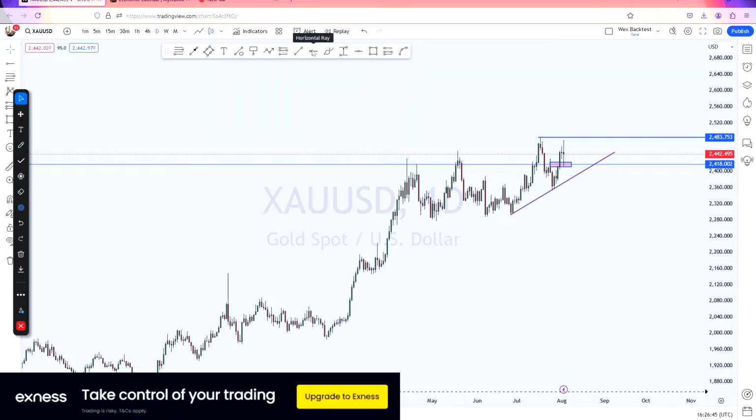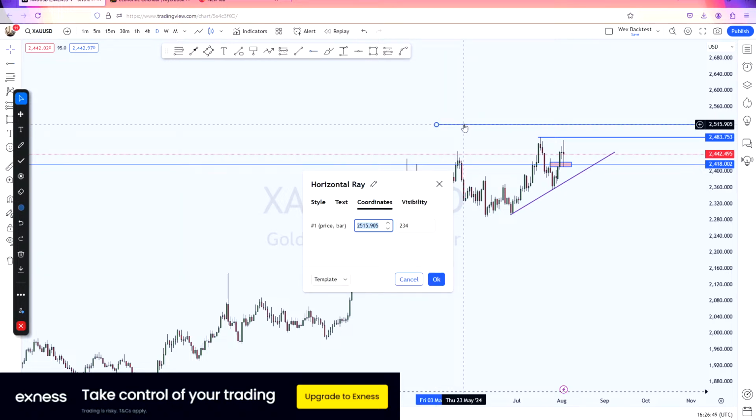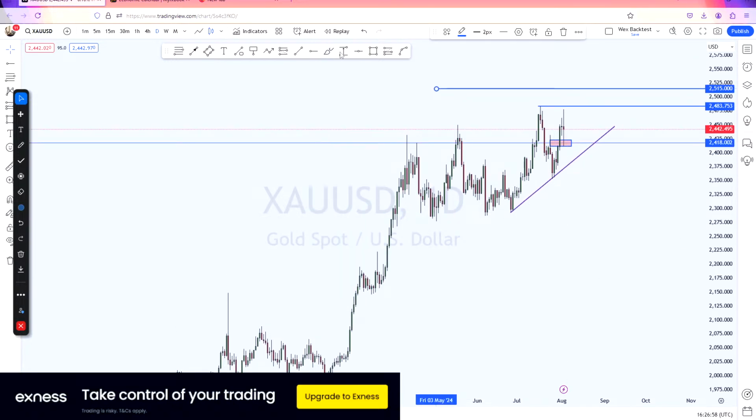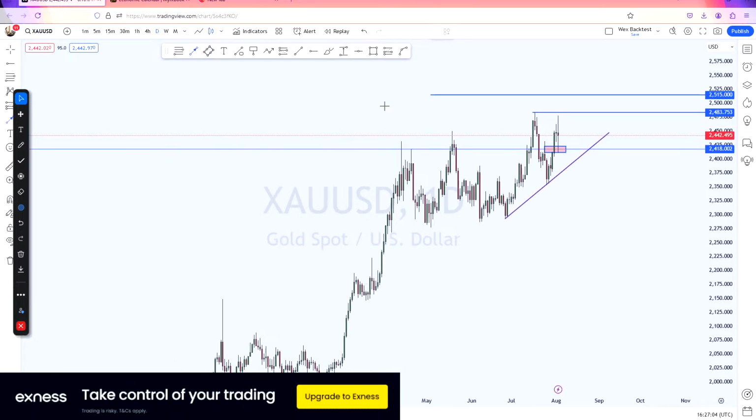So let me just keep that price right there. That is the overall target, 25.15. Price would head to 25.15. So that is the target on gold.